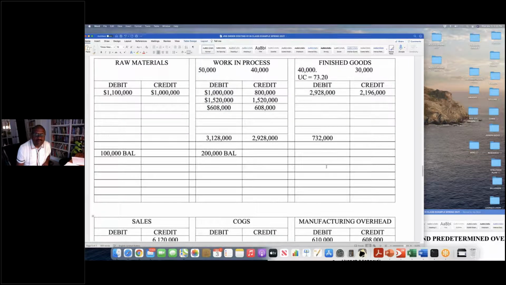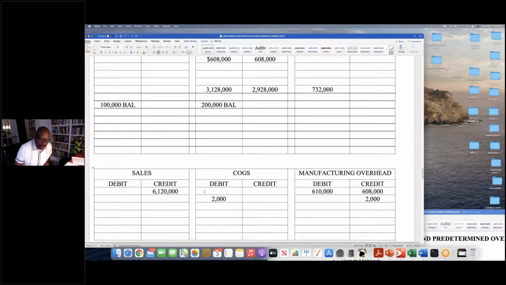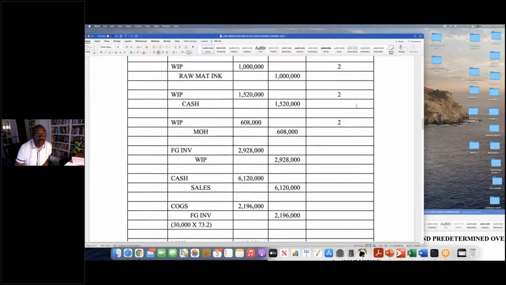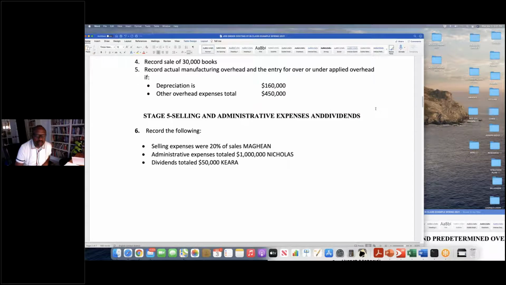The cost of goods sold, which is $2,196,000. Any questions? So what do we have left to do? We're almost finished now. We've got selling expenses, administrative expenses, and dividends. Almost finished.